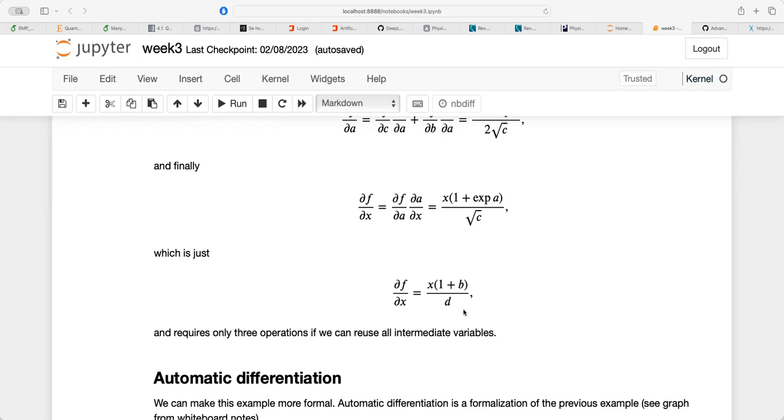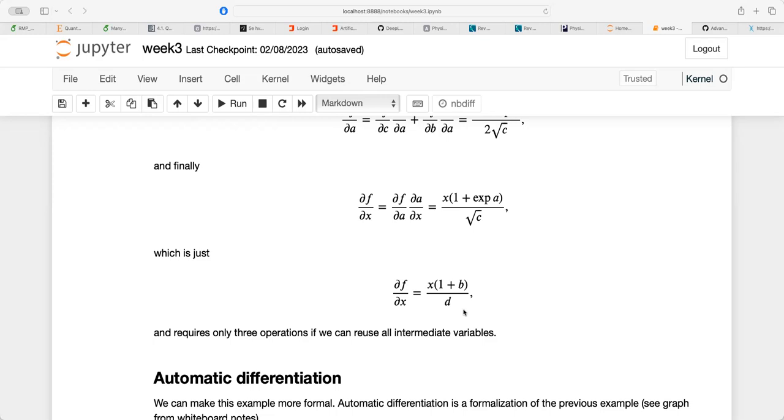How many do we have now? If you do the counting, you have pre-calculated things, 1 addition, 1 multiplication, 1 division, 3. So we went from 10 operations down to 3.